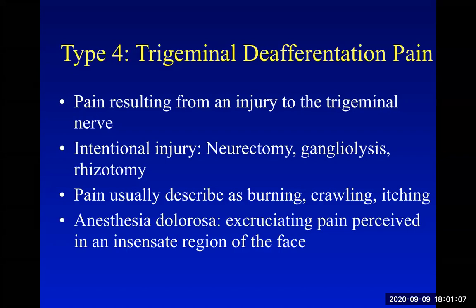So this is either surgical treatment of the nerve, a rhizotomy to the nerve, a glycerol injection to the nerve that caused, you're trying to injure the nerve to alleviate the pain, maybe type 1 trigeminal pain, but in turn, the patient over time developed type 4 pain.